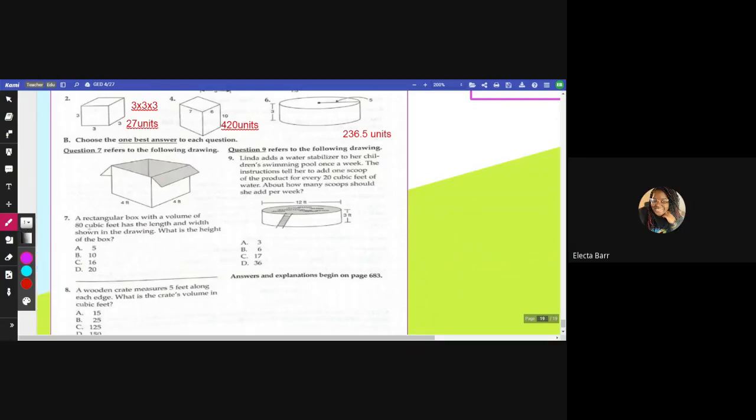So for number 7, y'all, they already gave us the volume, right? They said the volume is equal to 80. But they gave us the length and the width. The length is 4, the width is 4. So we have to figure out what the height is. Remember the formula is length times width times height.